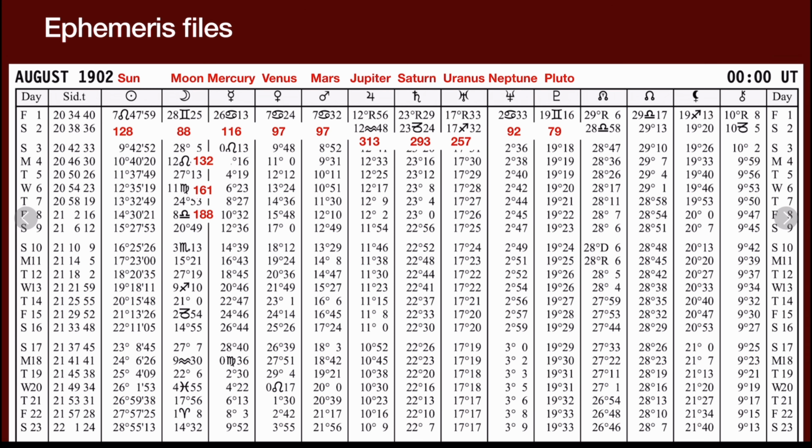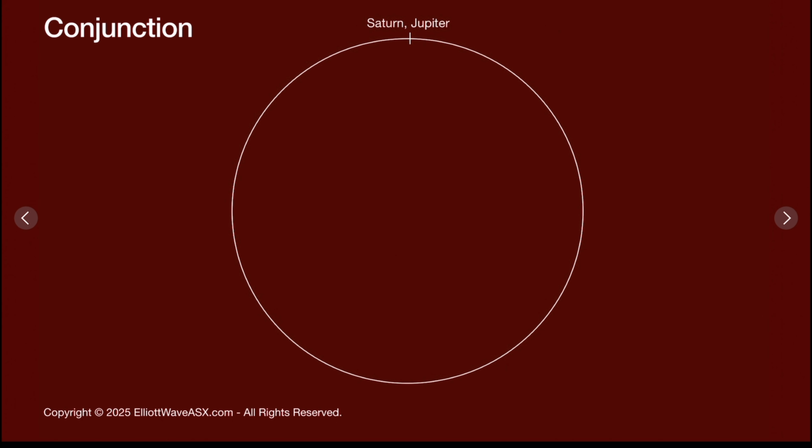With Gann's work, it's the relationships or angles between the planets, that is, the number of degrees they are apart, that is what's important. Or of course, when they are at the same degree. If the planets are at the same degree, it's called a conjunction, or the planets are conjunct.